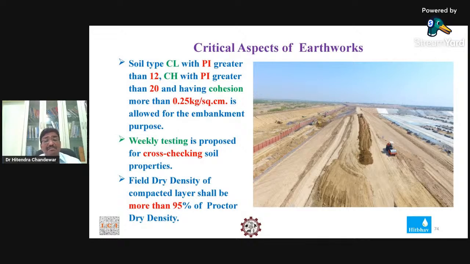Weekly testing is required from the client side and from the QC side also, and if they find that the material is not up to the mark, then they have to close that quarry and bring soil from another quarry.